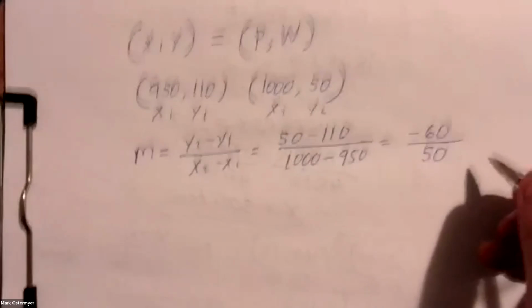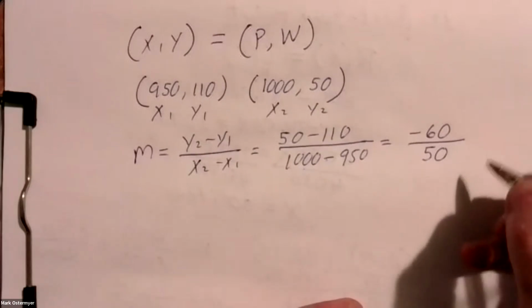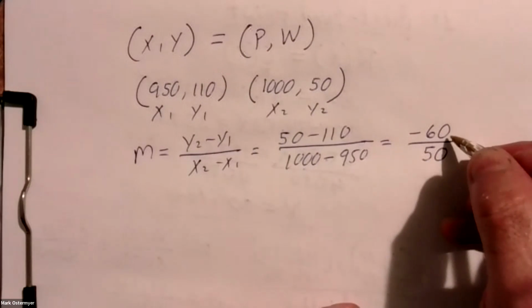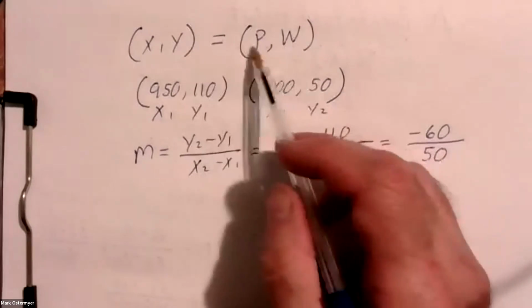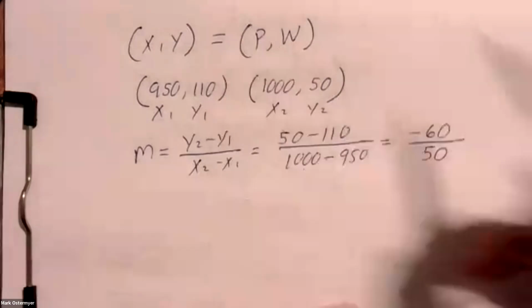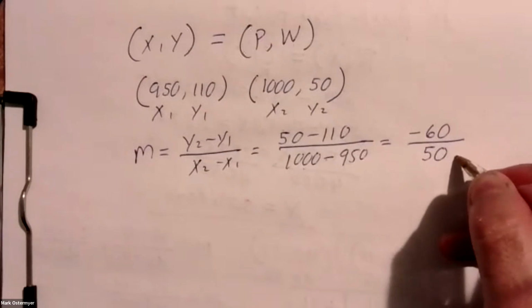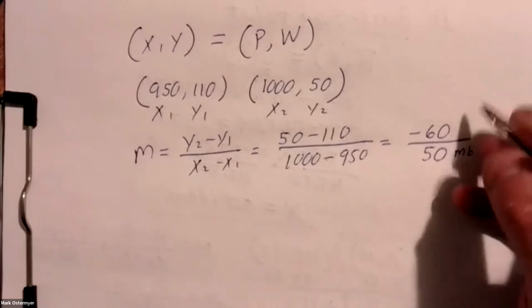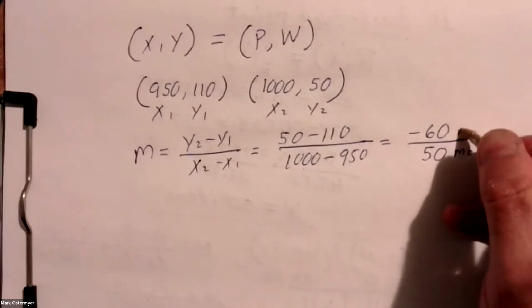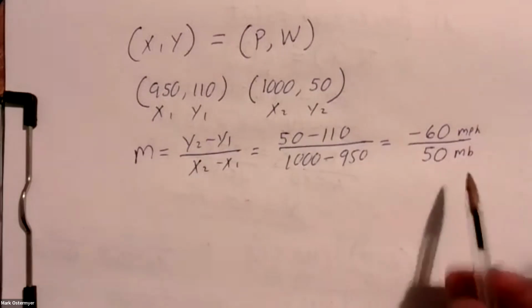How do we interpret what the slope is saying? It's saying that for every, remember Y, ladies and gentlemen, is the wind speed. The X variable is the pressure. So this is saying for every 50 millibars that the pressure rises in a hurricane, the wind speed decreases by 60 miles per hour.